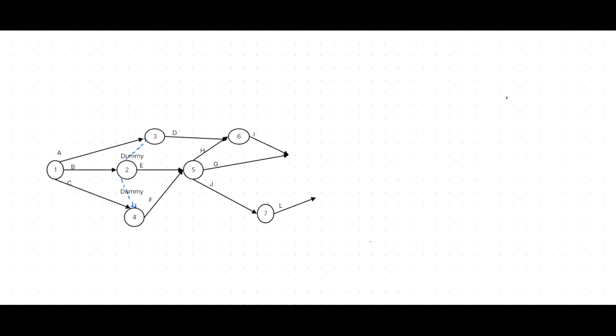Using the dummy, we are going to consider complete J. Then we can complete G, I, J after the 8th event. Use another dummy.